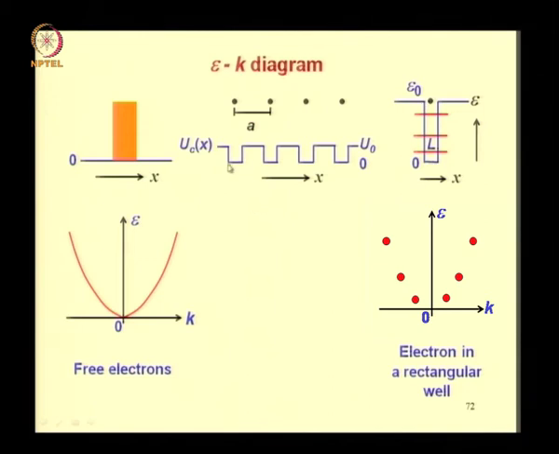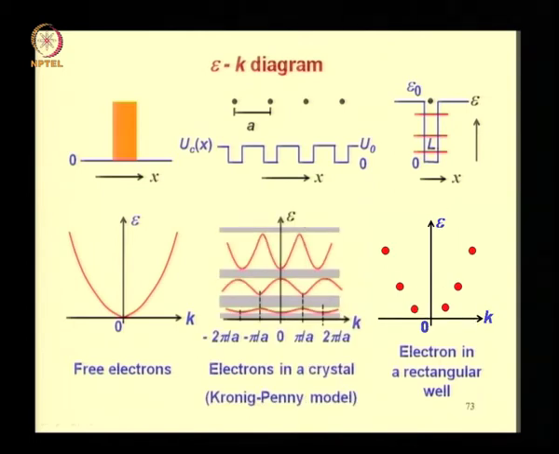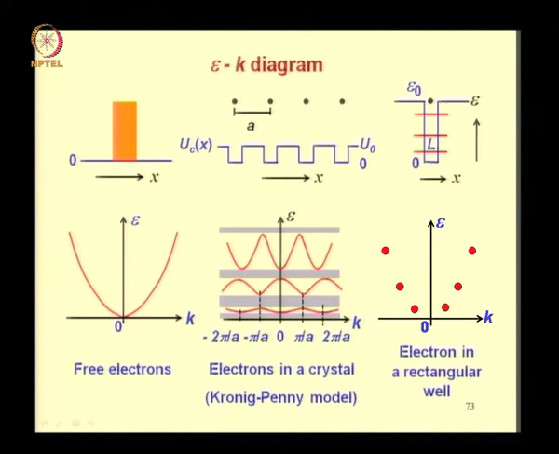Now if you solve the Schrodinger equation for such a periodic potential, then we will find this kind of interesting E-k behavior, where you have forbidden energy bands as shown by these shaded lines. This should not be surprising because you did come across forbidden energy regions here. However, you have allowed energy bands rather than levels.